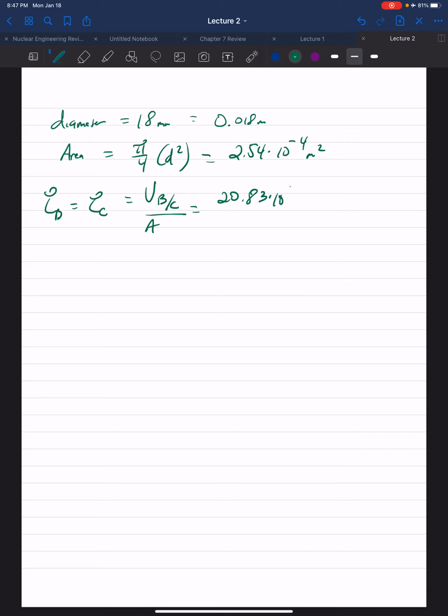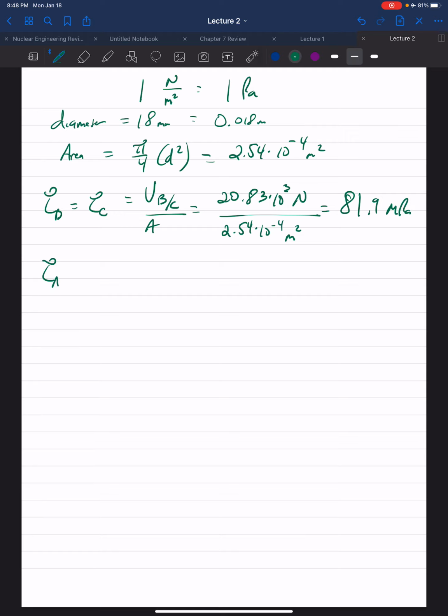So it's 20.83 times 10 to the 3 newtons over our 2.54 times 10 to the minus 4 meters squared. Remember, 1 newton per meter squared is 1 pascal. So with units of newtons per meter squared, divide that out, and you get 81.9 megapascals.